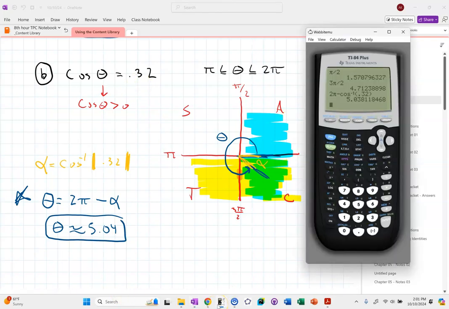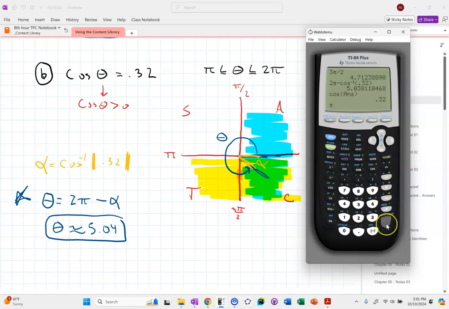But let's check that, right? To check that, the first thing I do is plug my value for theta back into the original. So do cosine of that answer and make sure I get 0.32. I do. And then I'll make sure that 504 is between pi and 2 pi.